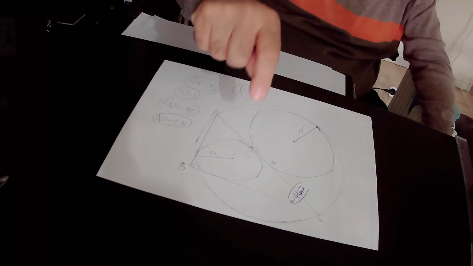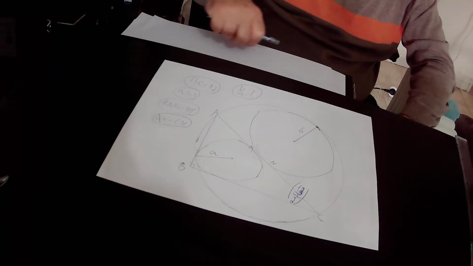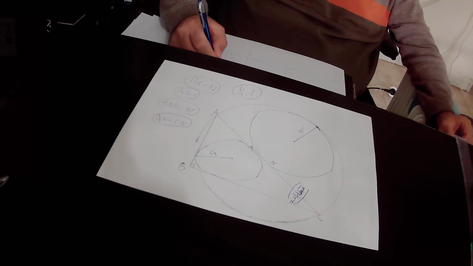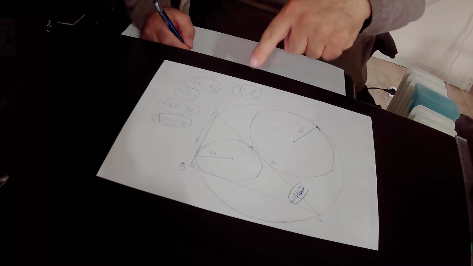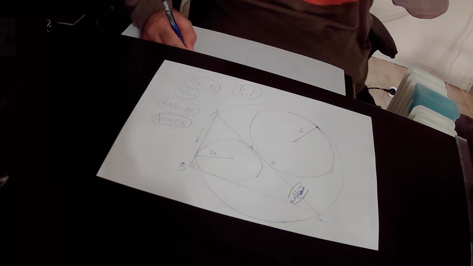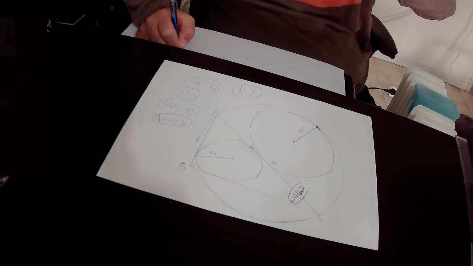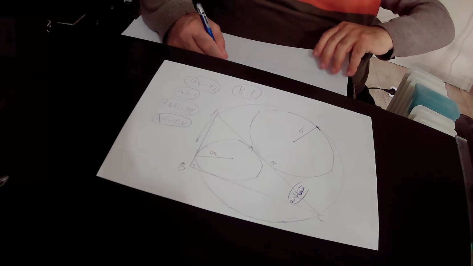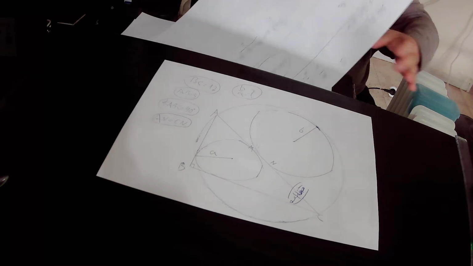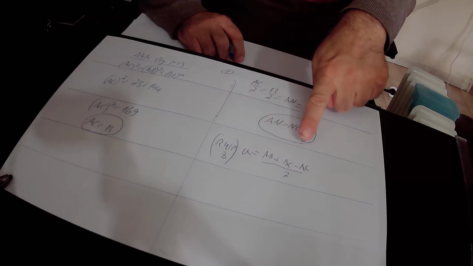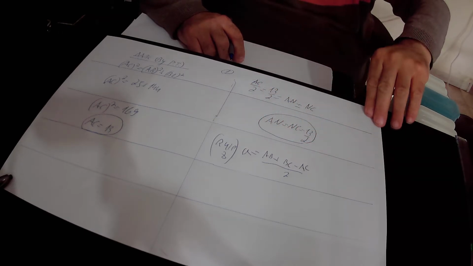The radius of this circle is A. According to rule number 8, the radius A will be equal to AB plus BC minus the hypotenuse AC over 2. Repeat again. According to rule number 8, the radius A will be equal to AB plus BC minus AC over 2.